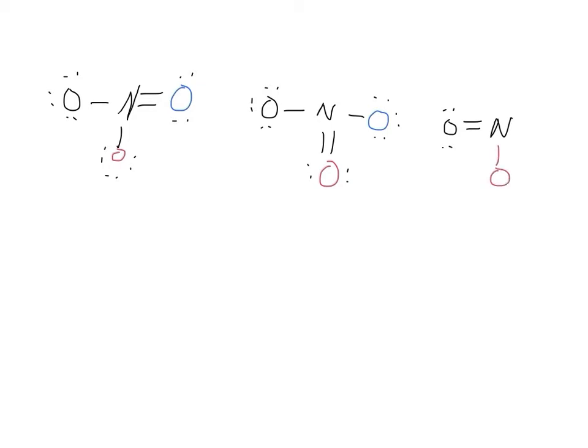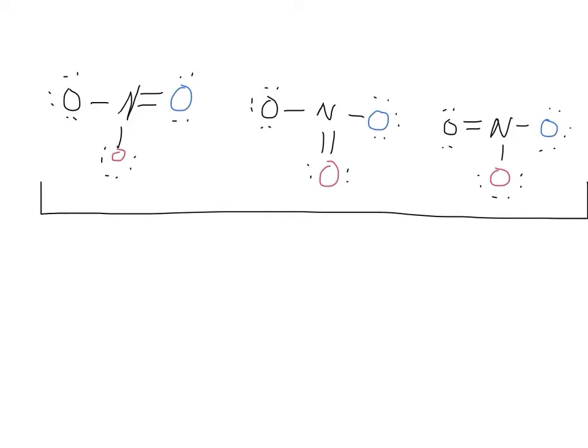Dang it. That's what happens when you get impatient. I've sort of labeled my oxygens, right? Black, red, and blue. It turns out that none of these is correct. And yet they all sort of are.